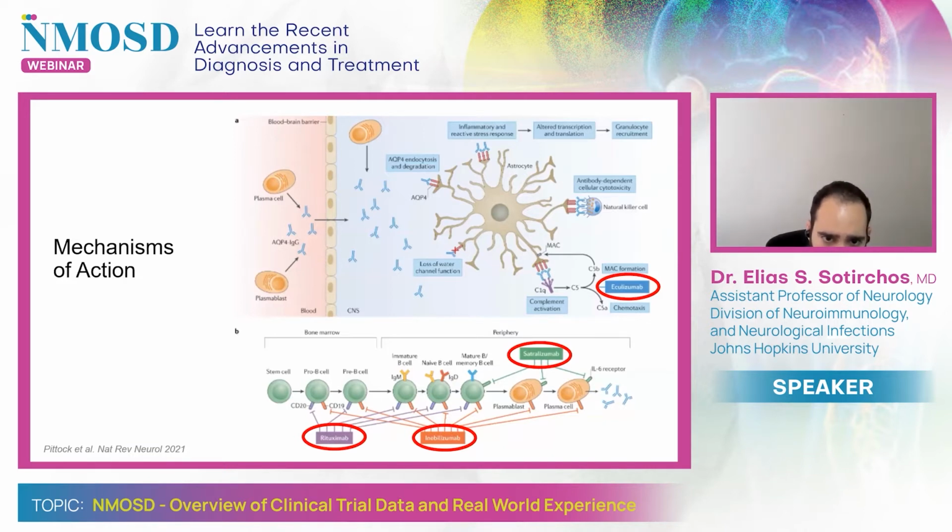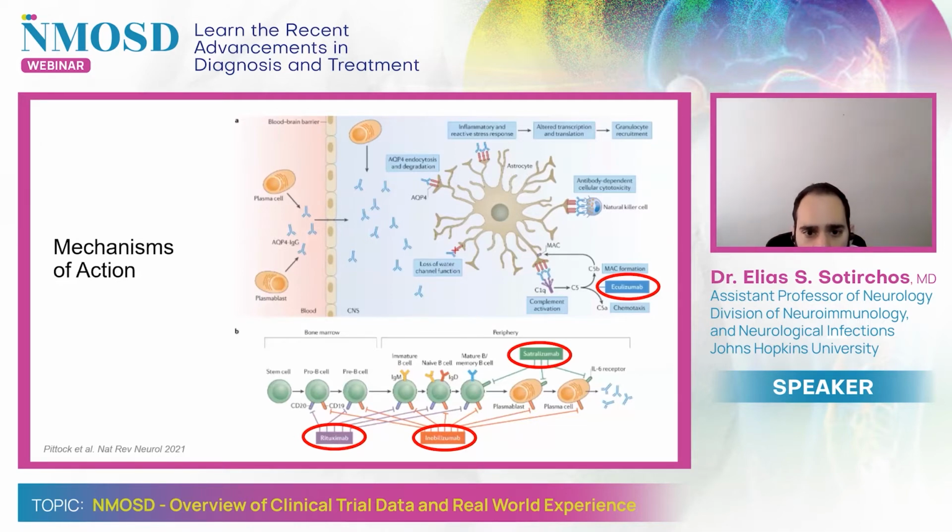So focusing first of all on the B cell lineage, which we see here on the bottom, we see the B cell maturation pathway initiating from stem cells and pro B cells all the way to the differentiation into the long-lived antibody producing plasma cells. And so rituximab targets the CD20 surface antigen of the B cells, which we can see here is expressed from the pro B cell to the mature and memory B cell phase of the differentiation.